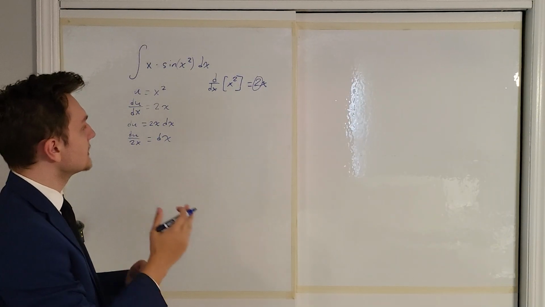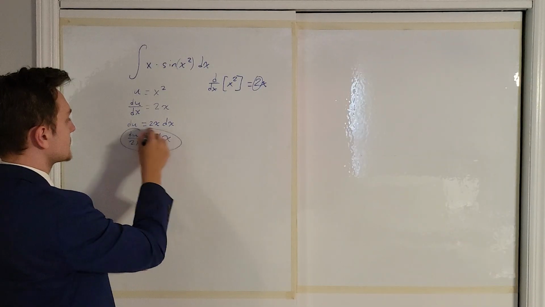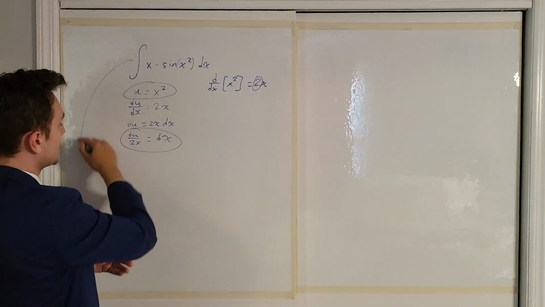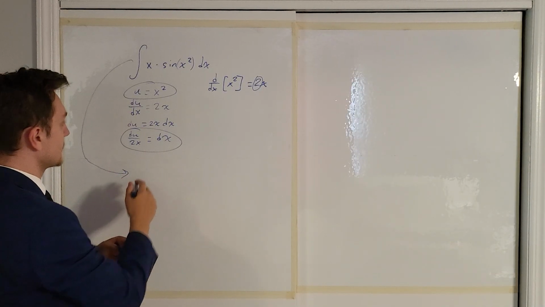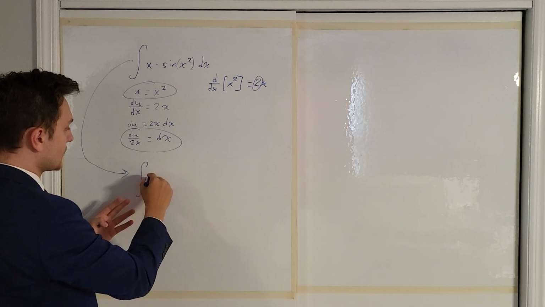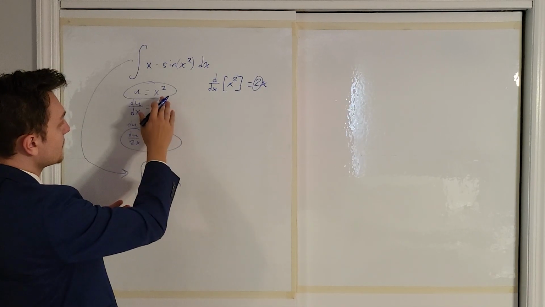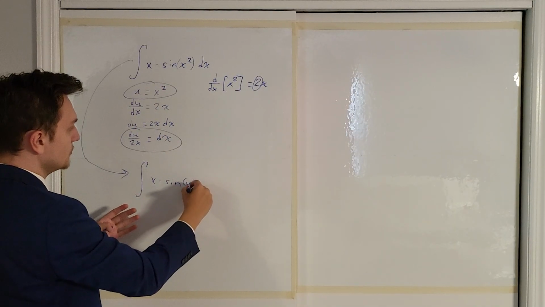So now that I've done this little bit of work, I have everything I need to perform my substitution. I need this, and I need this. I'm going to take my integral and rewrite it down here, substituting in everything. I have the integral of x times sine of, remember, we're substituting x squared for u, so now this becomes sine of u.